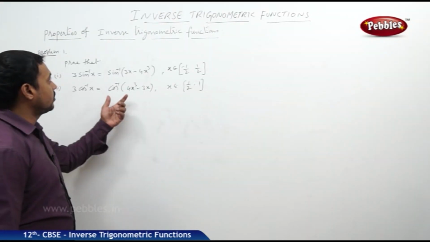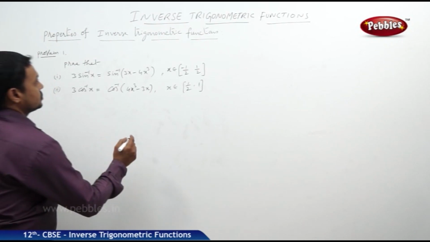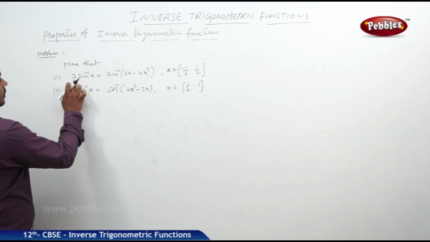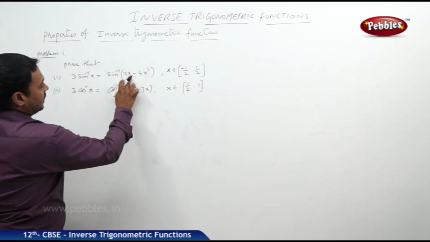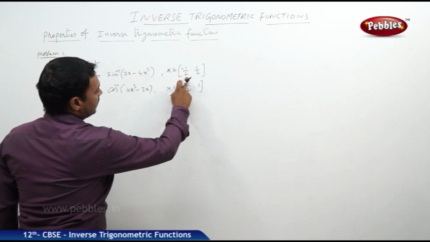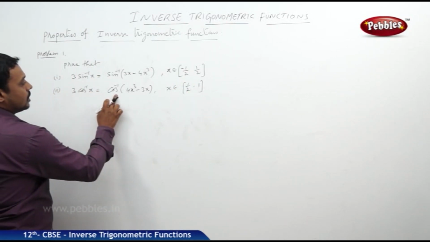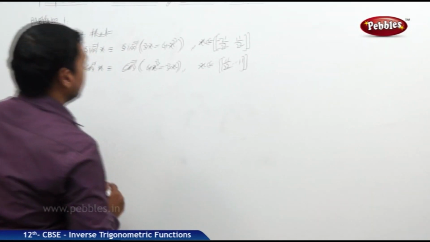Now, let us start some problems on properties of inverse trigonometric functions. Here the first problem: given that 3 sin inverse x is equal to sin inverse of 3x minus 4x cube for x belongs to minus 1 by 2 to plus 1 by 2, and 3 cos inverse x is equal to cos inverse of 4x cube minus 3x when x belongs to 1 by 2 to 1.